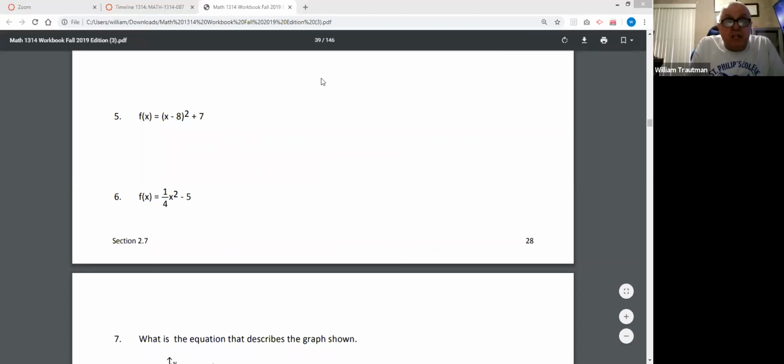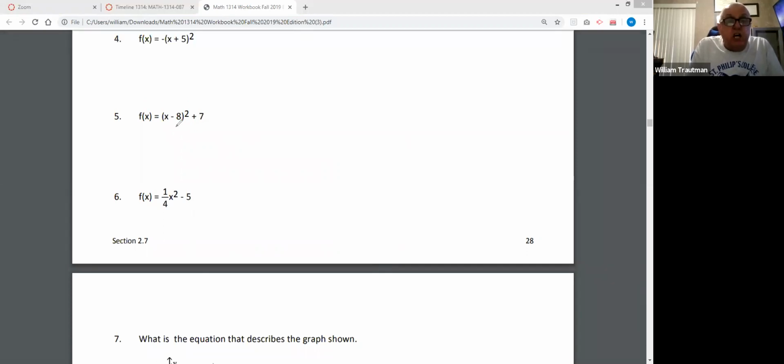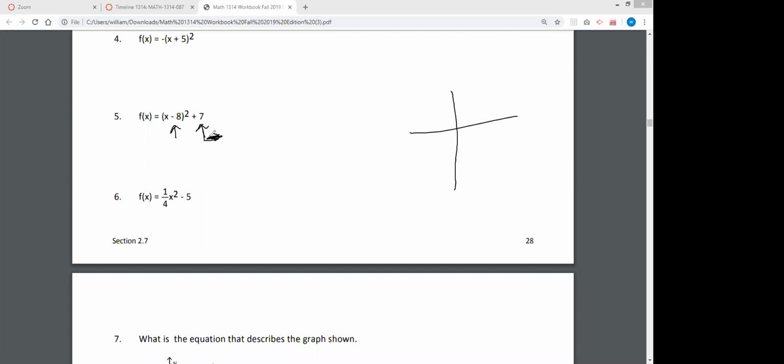Number 5, can anybody tell me what this graph looks like? Can you tell me what this minus 8 and what this plus 7 means? Can anybody tell me what the plus 7 means? Moves to the right 7. Oh, be careful.